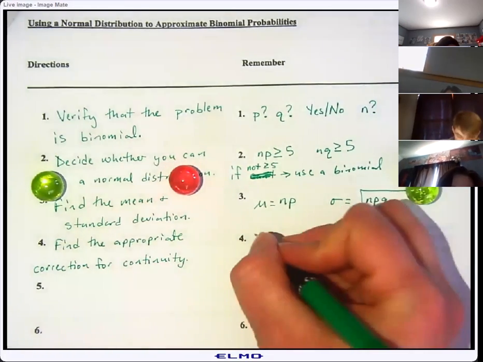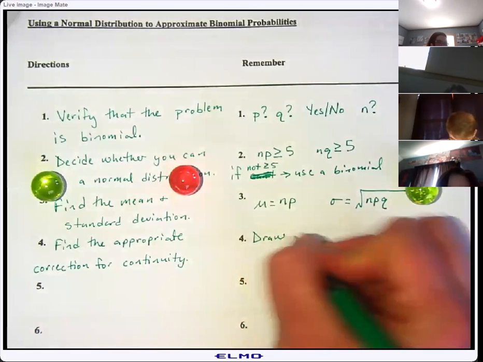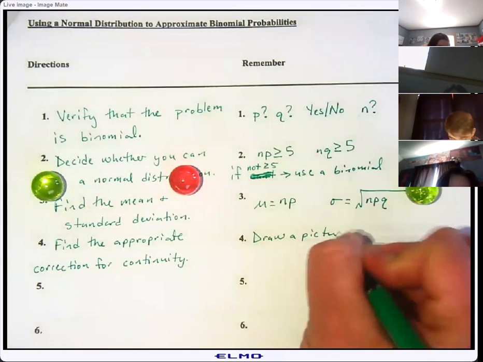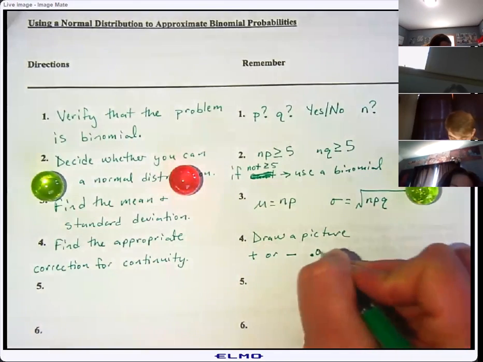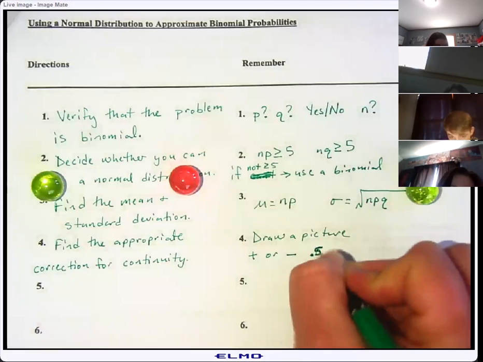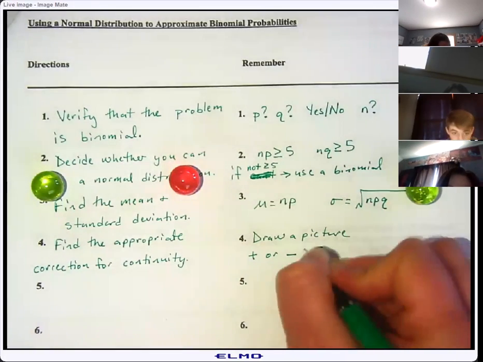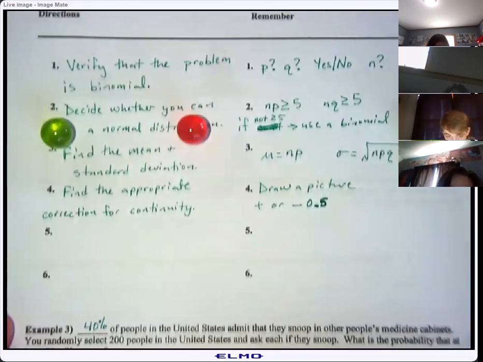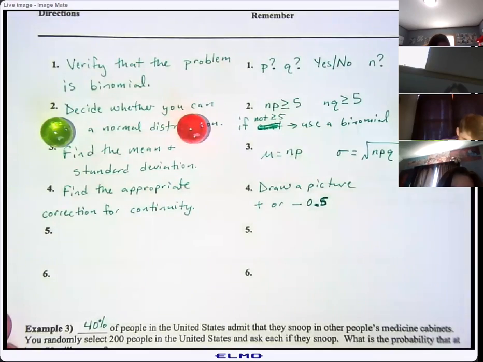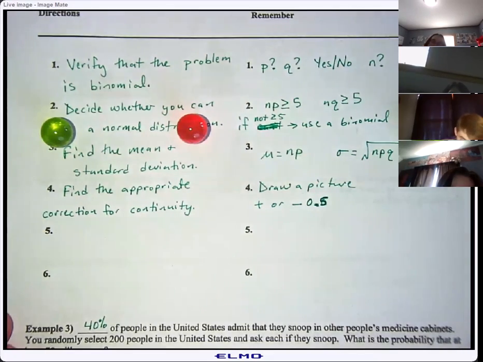And over here on the remember side, I'm going to write draw a picture, and that you're going to add or subtract 0.5, not 0.05, 0.5. All right, let's go down here to the bottom. I'm going to draw myself a quick little picture.